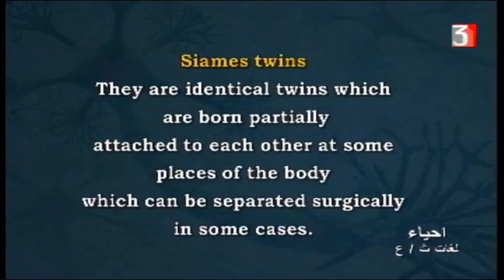Now we are going to describe what happens after the baby comes out from the uterus. There are 2 types of twins. Twins means 2 similar babies. The twins may come from one ovum or from two ova.